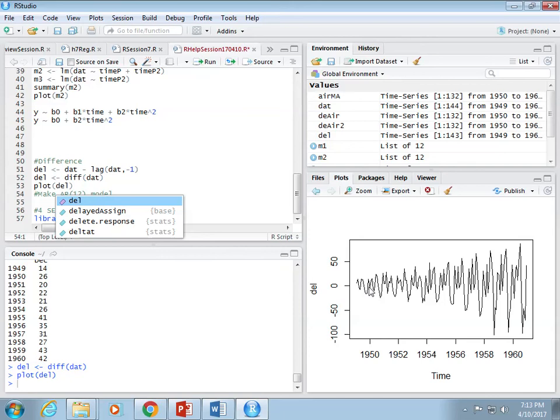We differenced it, so it's a lot closer to stationary. It's not just going to grow over time, ideally. But the average still isn't 0, because if the average difference was 0, this wouldn't be growing over time.